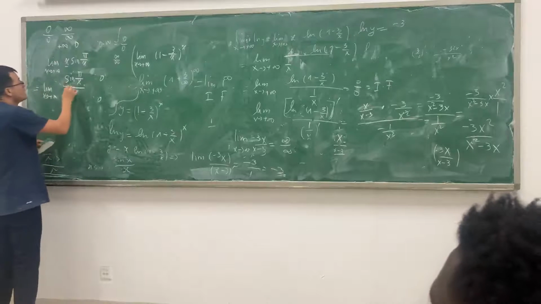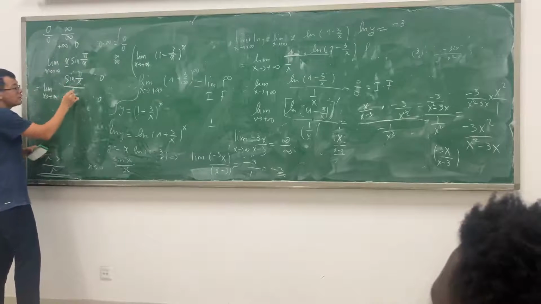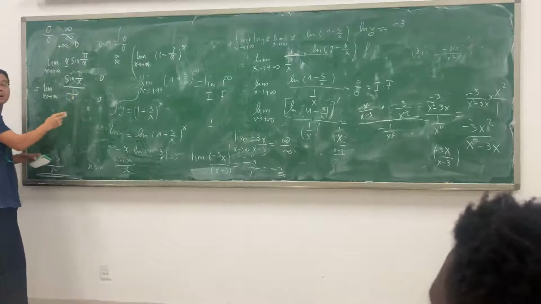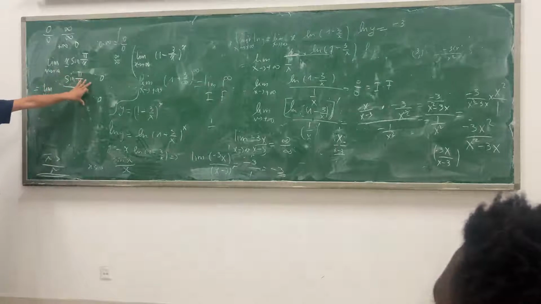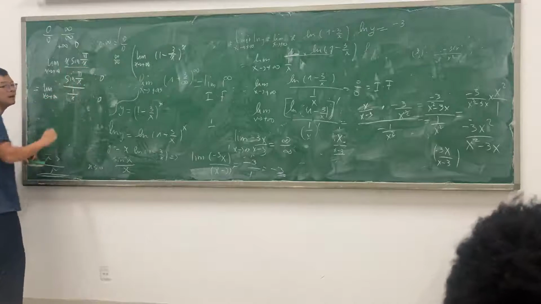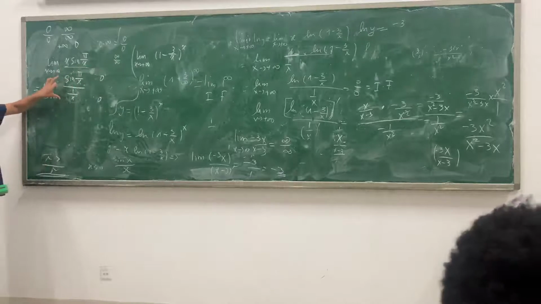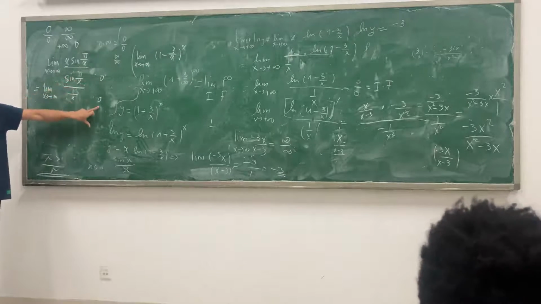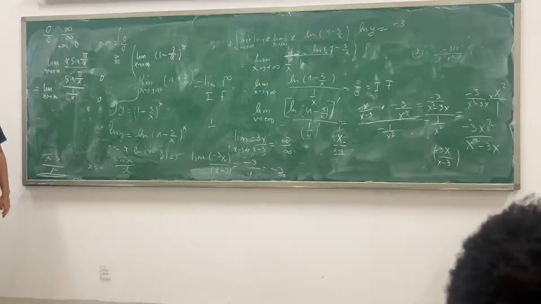Here this is f(x) and this is g(x). For this form, you can use L'Hopital's rule. You cannot use L'Hopital's rule for the original form. You must transfer it to 0 by 0, and then you can use L'Hopital's rule.